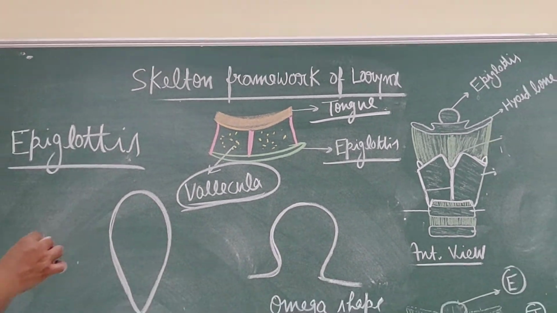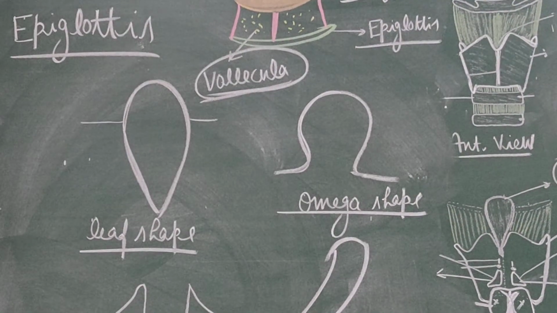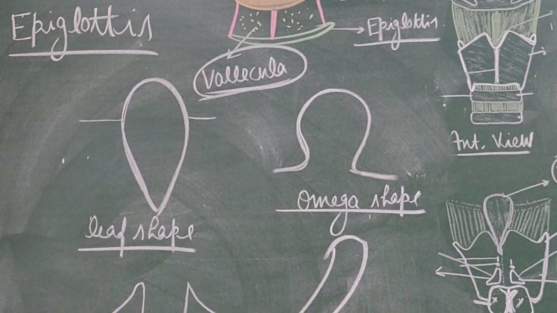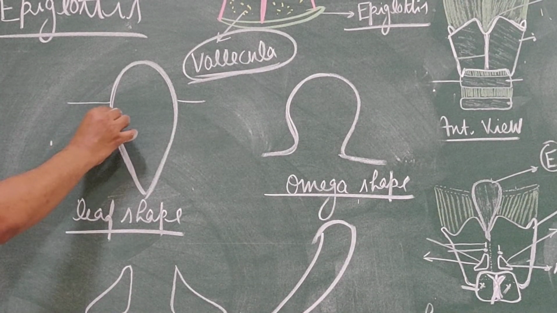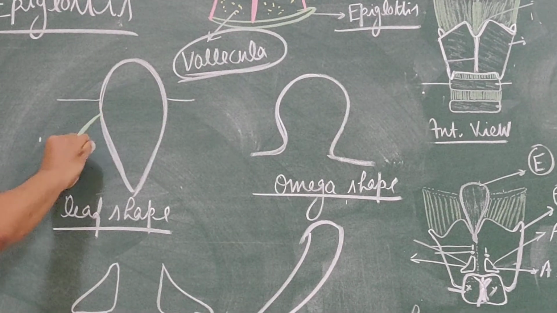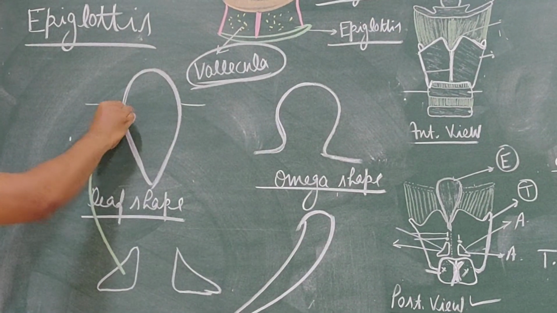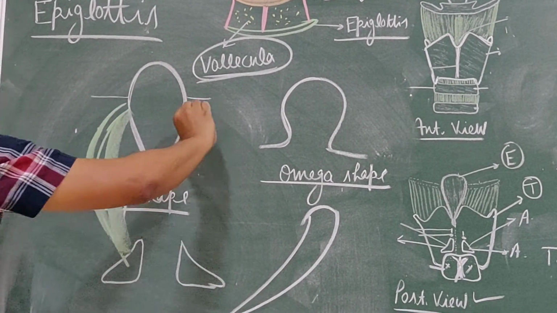Now, it has two lateral borders. The upper part of the lateral border is free, while the lower part is connected with the arytenoid cartilage by a fibroelastic membrane.